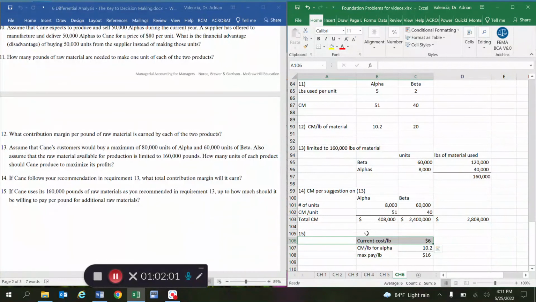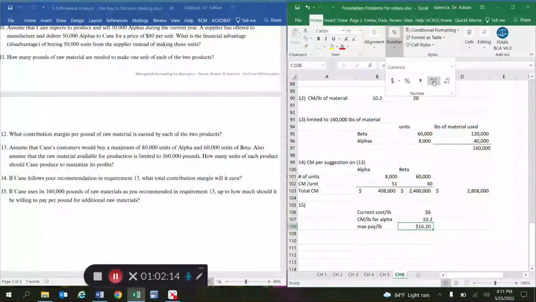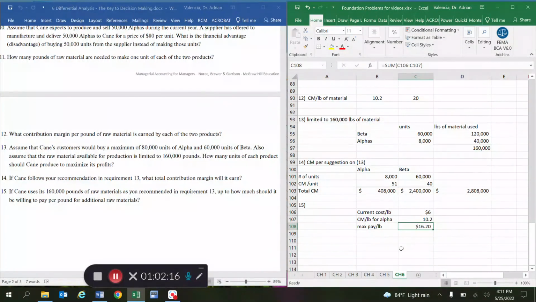So I can put up with an increase of $10.20 to break even, let's say, per pound. And that we would say is $16.20. So that's the maximum amount I would pay for the materials, for raw material per pound. Okay, this concludes the video for differential analysis.